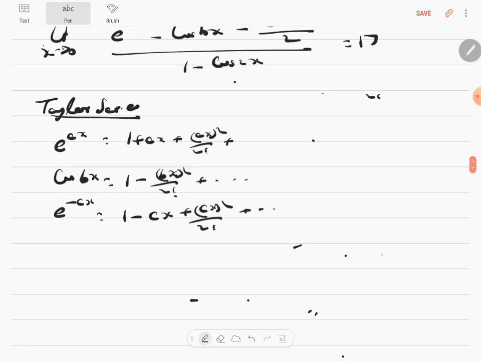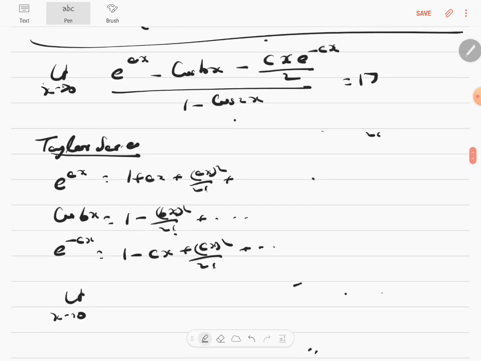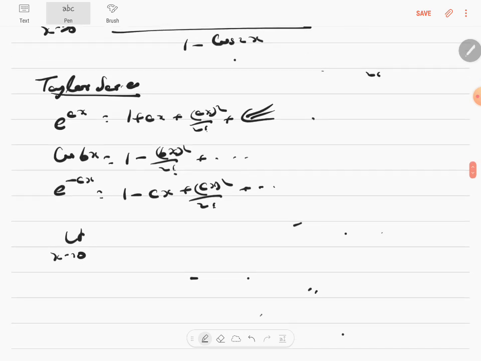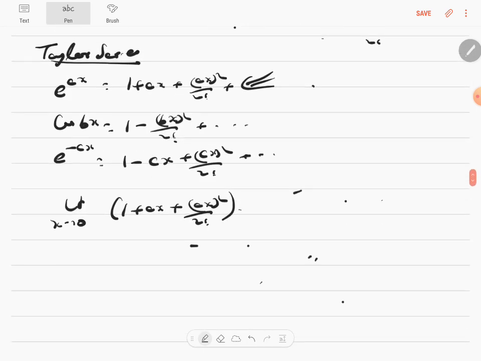Applying this series in our equation, you get the limit as x tends to 0. Let's apply the Taylor series for e to the power ax, which means you write the first three terms: 1 plus ax plus ax the whole square by 2 factorial, and that is enough. Minus cos bx, so minus of the cos bx itself, which is 1 minus bx the whole square by 2 factorial, and that is enough.